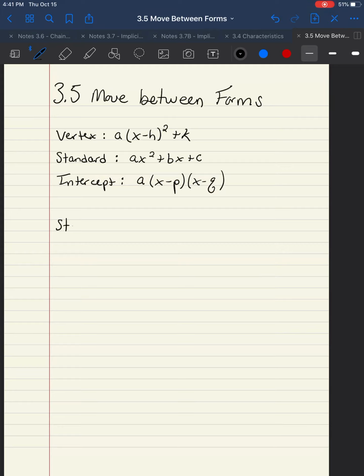Okay. So here's the gist of today. We're going to start with one form and we're going to convert it into another. So I'm going to start out with standard form. I'm going to show you how to convert a standard into vertex form first.